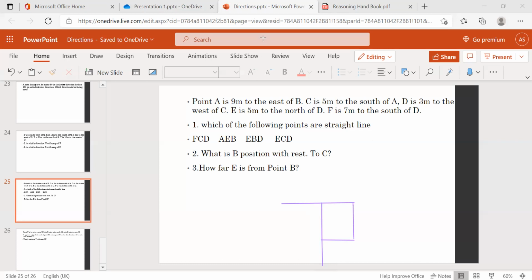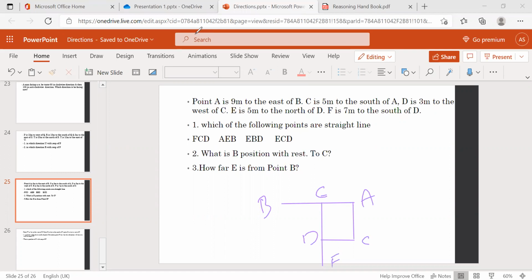Now I'll write the names to be very clear. This is B. East of B, A is there. South of A, C is there. West of C, D is there. North of D, E is there. And south of D, F is there.